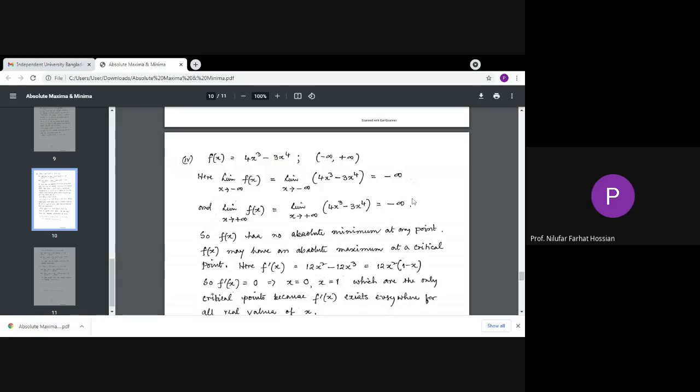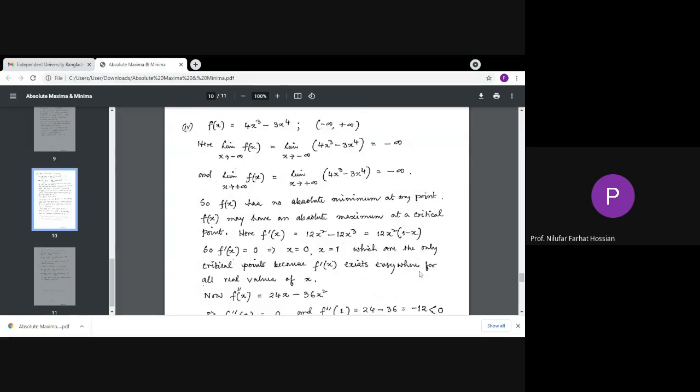So there may be an absolute maximum which may occur at a critical point. So let us find the derivative. The derivative will be 12x^2 - 12x^3. Let us take 12x^2 common. It will be 12x^2(1 - x).